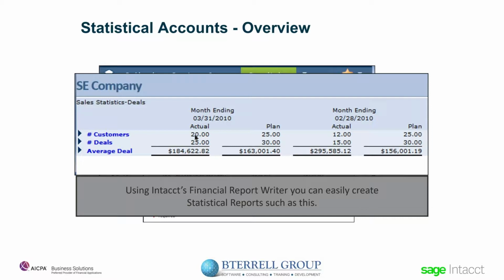The number of deals, however, might be based on the number of deals for the period involved. And we can then use those statistics along with our financial currency values to create ratios, calculate averages, etc., as you see there with the average deal line.